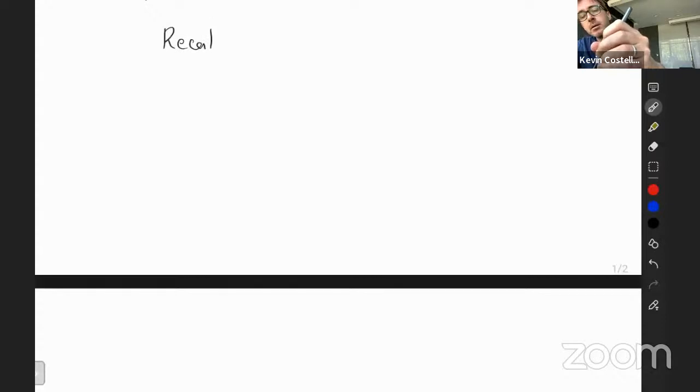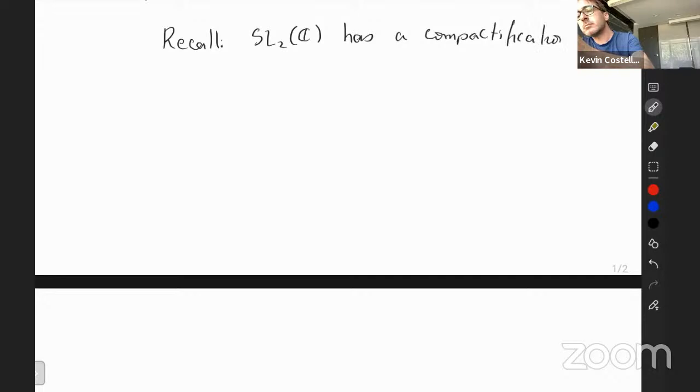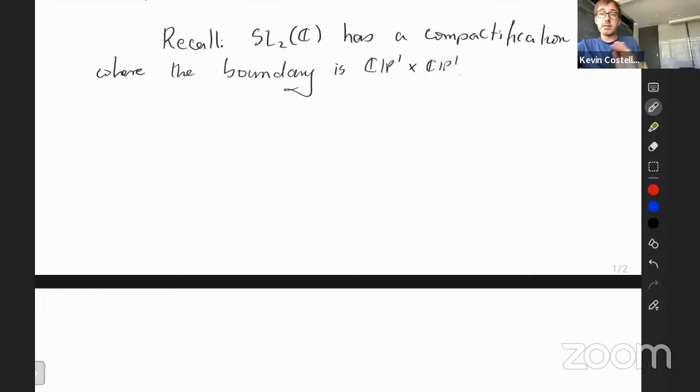Recall from yesterday that SL2C has a compactification where the boundary is CP1 times CP1. I'm going to give an explicit description of the geometry near the boundary.